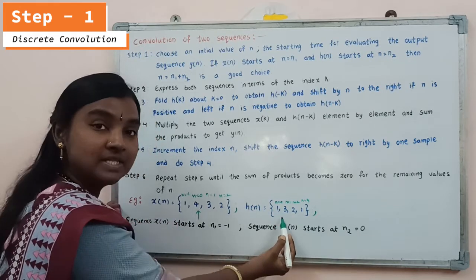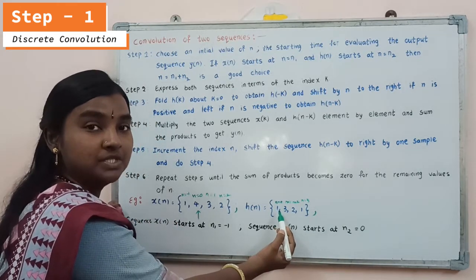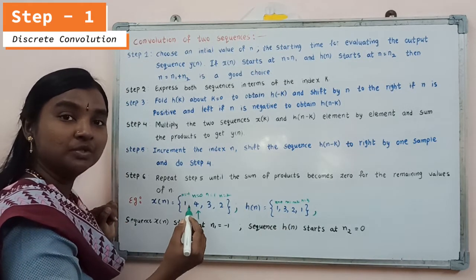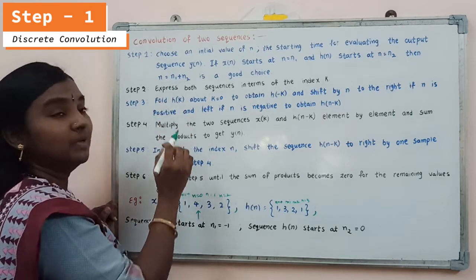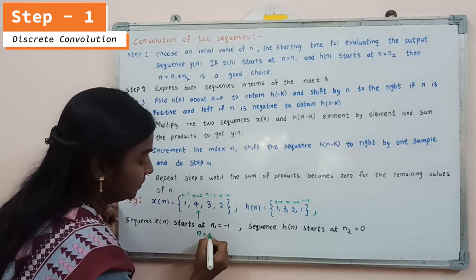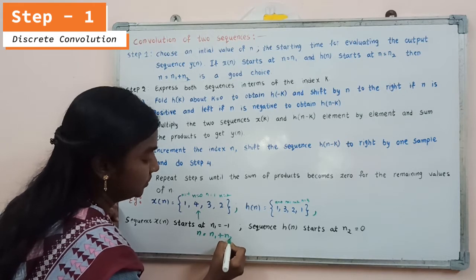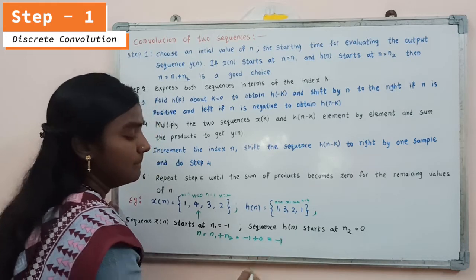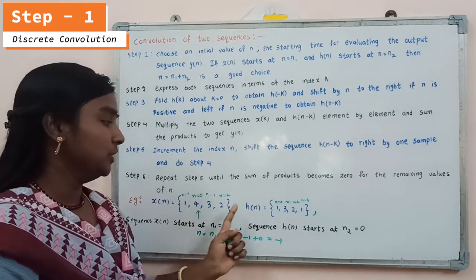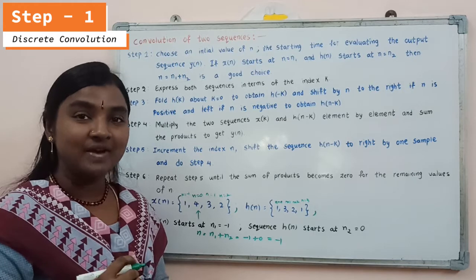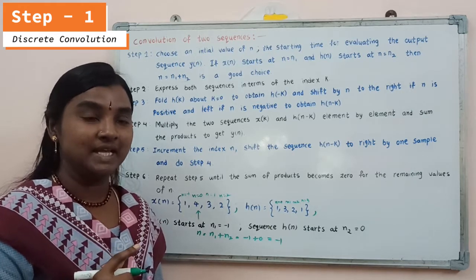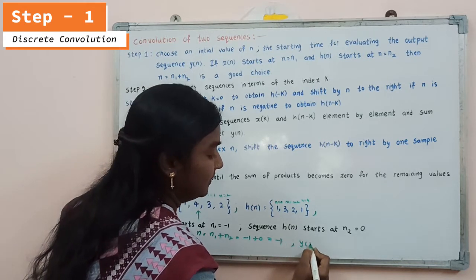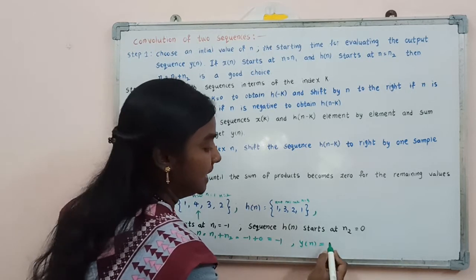Now we find where the output sequence y of n starts using this principle. n equal to n1 plus n2, meaning -1 plus 0, equals -1. So for these given two signals, the output sequence y of n will start at the time instant -1.